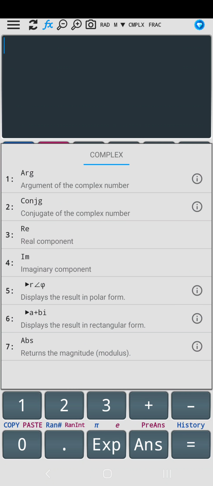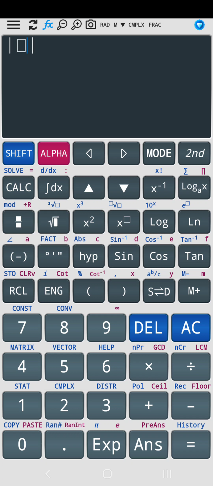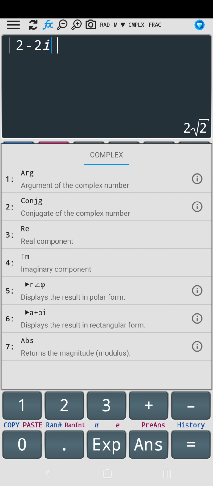So shift complex, absolute of 2 minus 2i, if I take, you get the magnitude, that is square root of 2 square plus 2 square, that is 4 plus 4, that is 8. Square root of 8 is 2 root 2. Got it? So this is how you can get many things in your complex mode operations in your calculator.